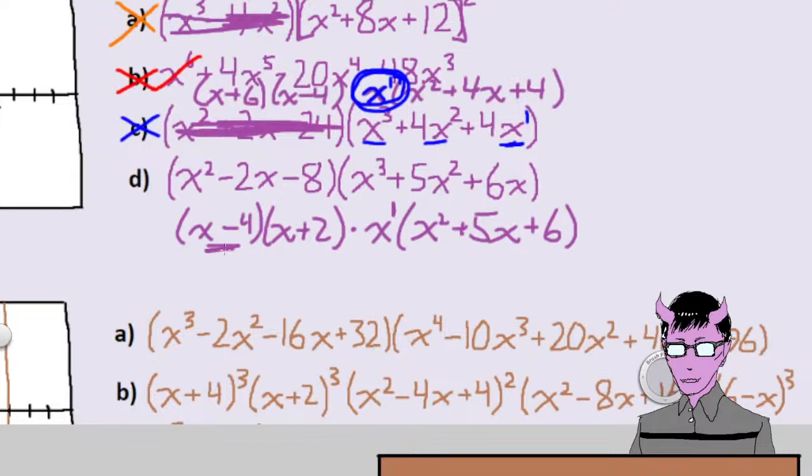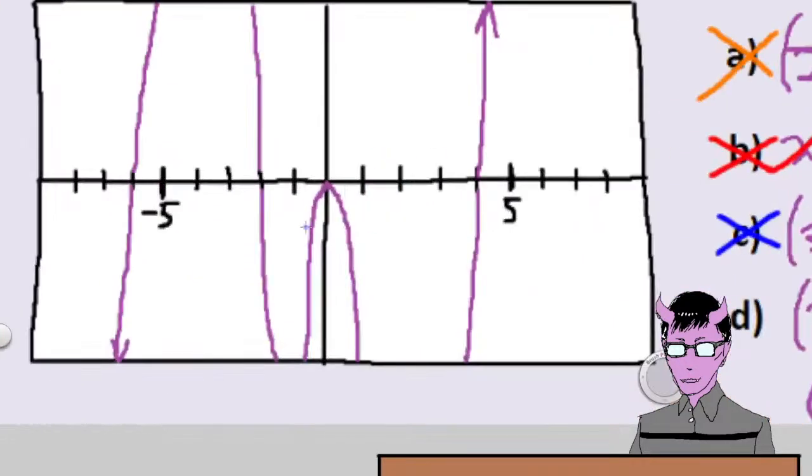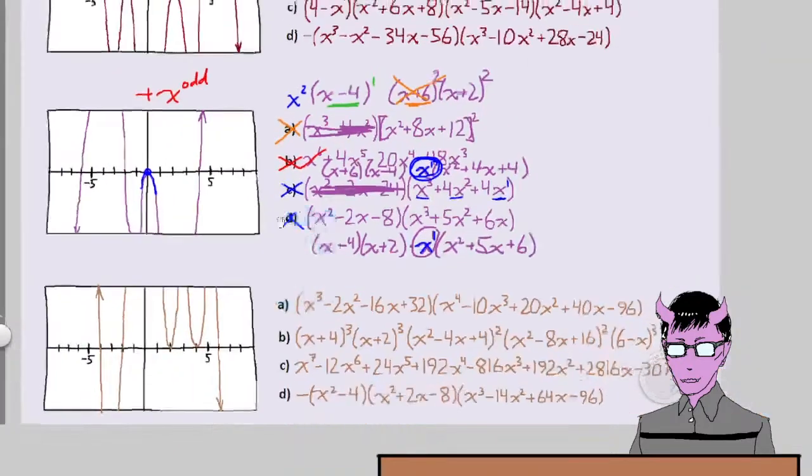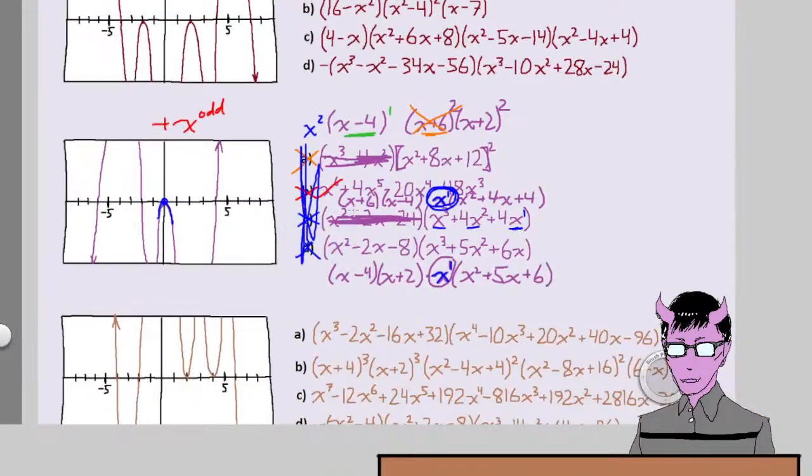No factors of x hiding from those two. So we only have multiplicity 1, which is inconsistent with even multiplicity right here. So because of that reason, choice D is also wrong. So there are no functions that are consistent with this one.